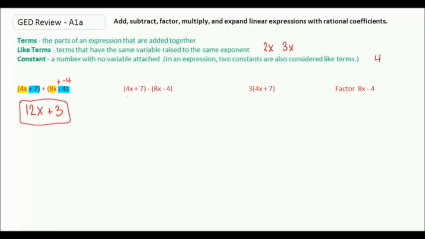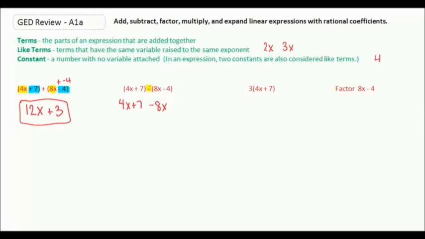Now if we're subtracting, we have 4x plus 7 minus 8x minus 4. Now when you're subtracting expressions, you have to remember that this minus sign actually means we're subtracting both things in our parentheses. So it might be helpful to rewrite the problem. We have 4x plus 7, but now we're subtracting 8x.